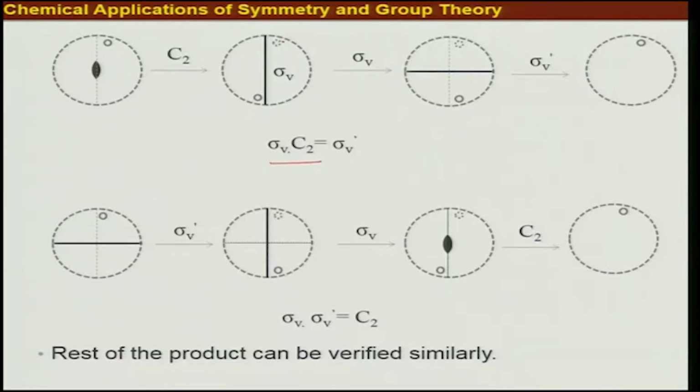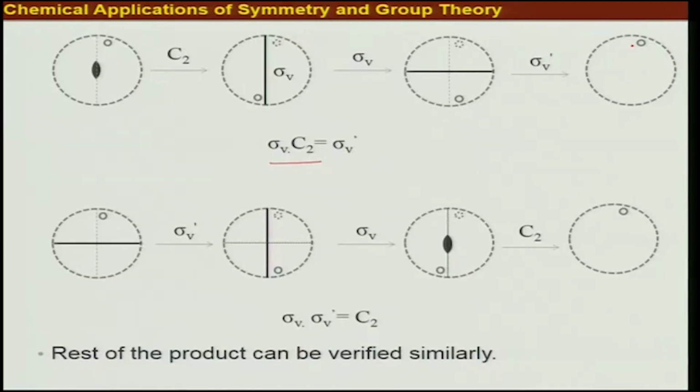Okay, so this particular place is the original point that I took. Now after I got this structure, if I operate sigma v here, what we get is a reflection, and in that case sigma v is in this plane. Okay, so a reflection will take it back to the original point. Okay, so we get it here.